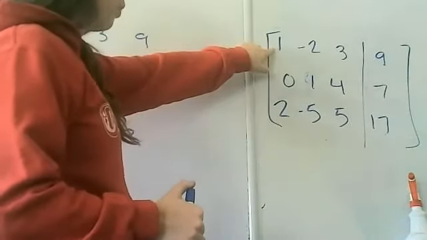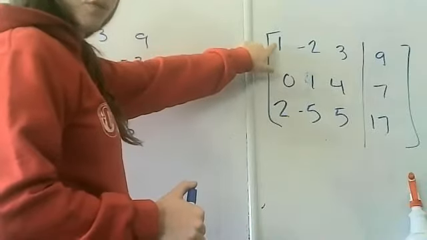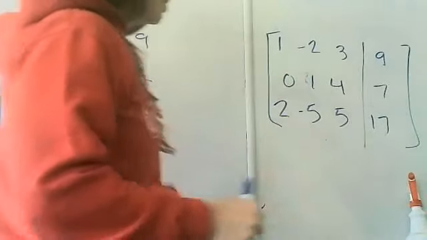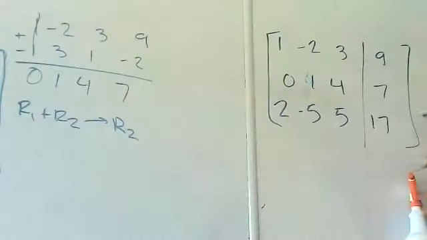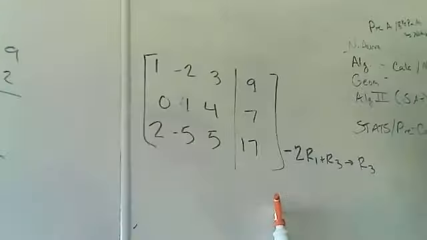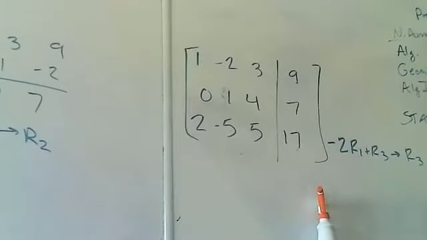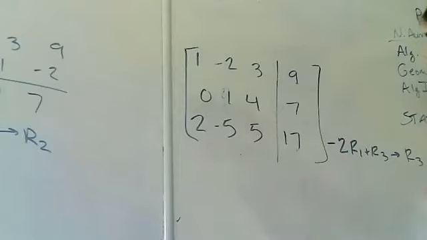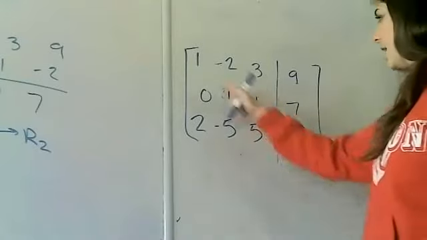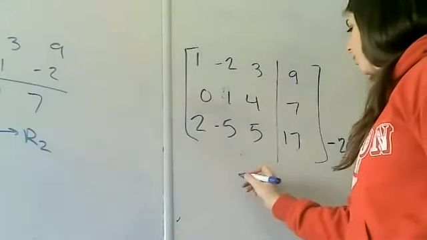Okay, the next thing I want to look at is getting rid of this 2. So I know using row 1, I can multiply row 1 by -2, add that to 2 to get 0. So my row operation would be -2 times row 1 plus row 3 to get a new row 3. Okay, writing that work off to the side here, I need to take row 1 and multiply by -2.